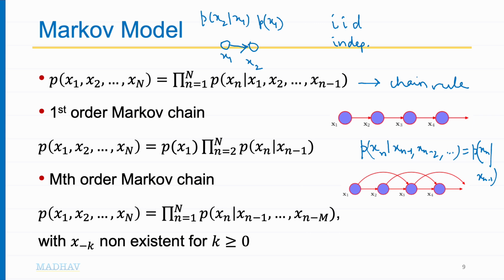It simply says start with the tail, x1, P of x1, into P of x2, and wherever the arrow is coming from, put that as a condition. So it's x2 given x1. Another example is, let's say, x3. Can you tell me the formula? What will be the formula for this graph?